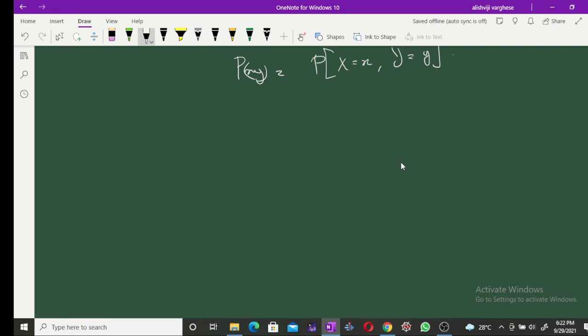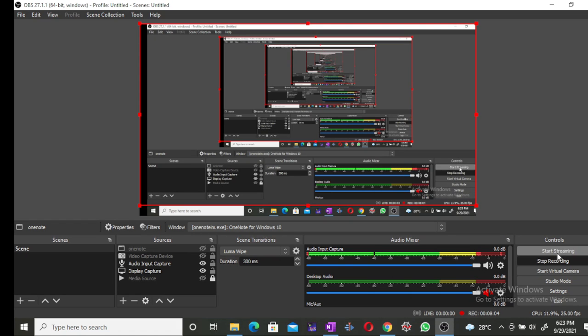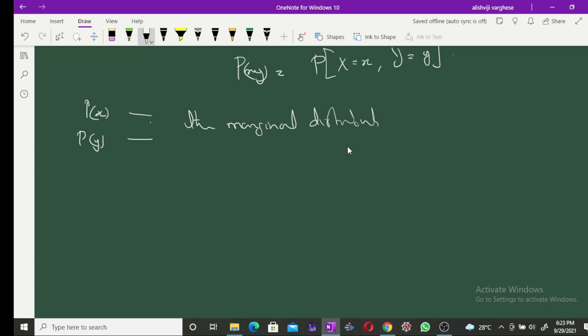So when p of xy is the joint probability density function of x and y, and x and y are two random variables, then we denote small p of x and p of y. They represent the marginal distribution of x and y.